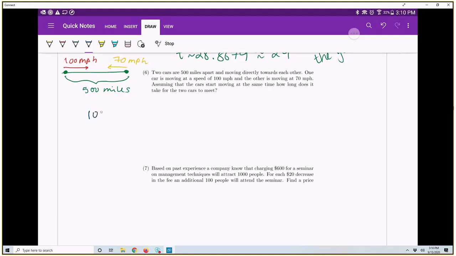That should be 100 miles per hour plus 70 miles per hour because they're moving toward each other. So 100 miles per hour plus 70 miles per hour is how much distance is being covered each hour.